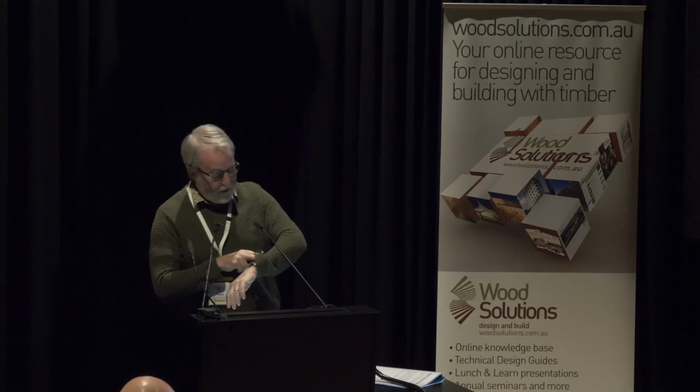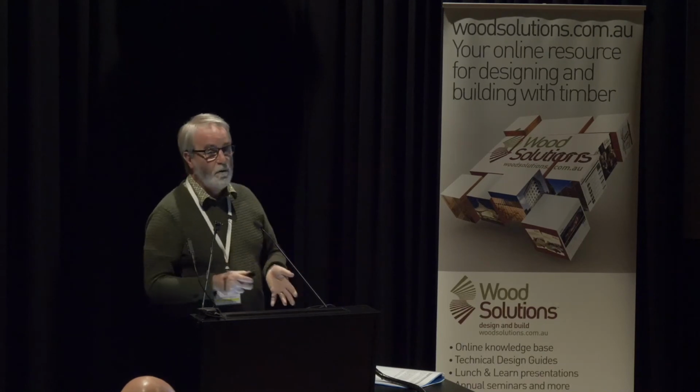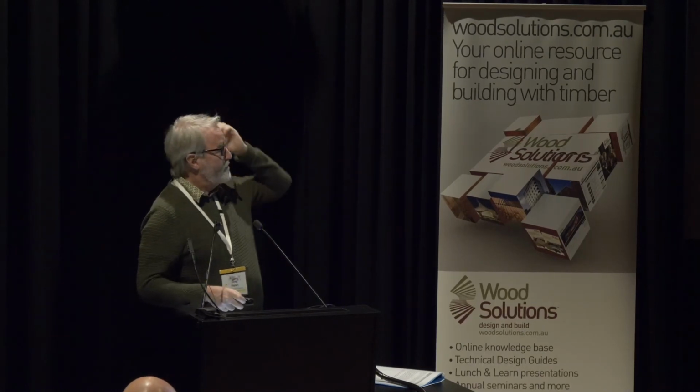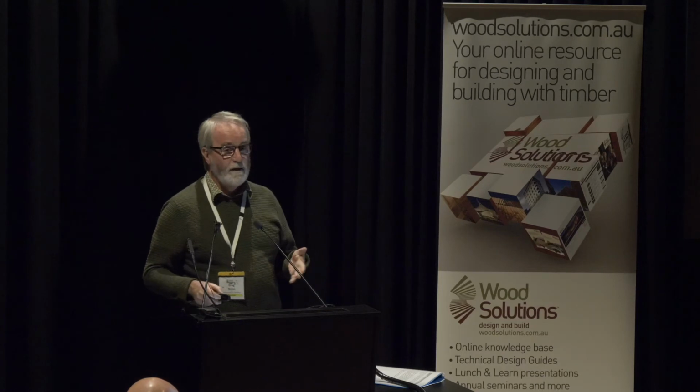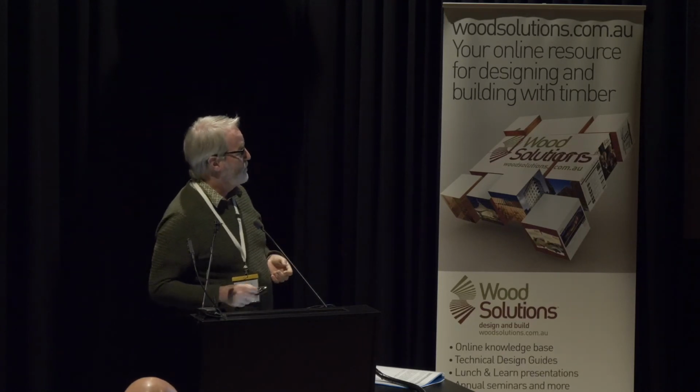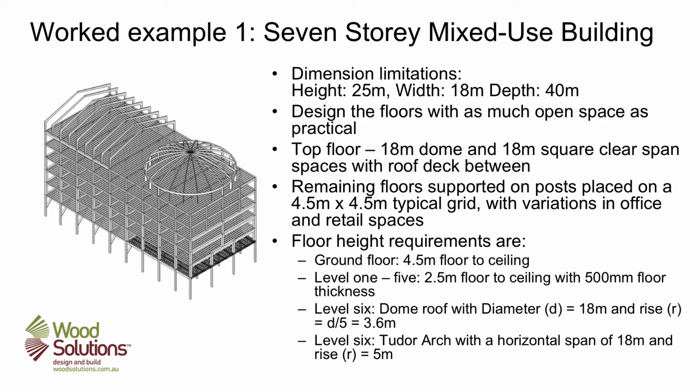So if we look then at worked examples, we've got 2 worked examples in the guide. One is a 7-storey mixed use, and the other's 10-storey. If we look at the 7-storey one, we tried to get the case studies to show different things. In this one, ground floor we've got 4.5 metres, and upper levels effectively a 3 metre floor to floor height.